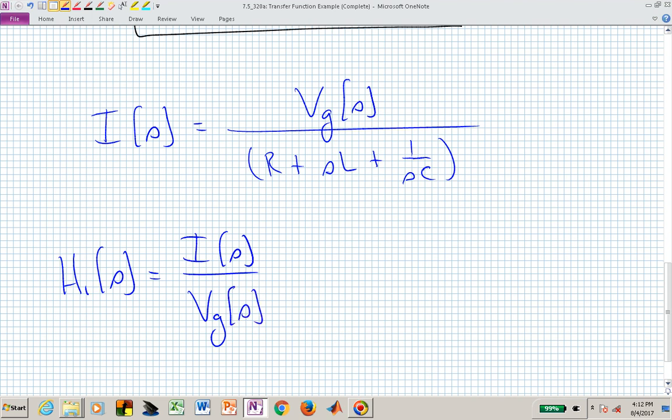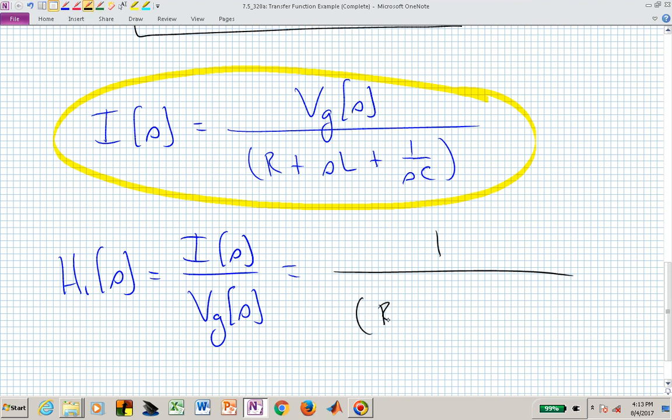There are all sorts of ways to find this. We could simply take this expression, this equation, and divide both sides by capital V sub G of S, and we end up with I over V sub G equaling 1 over R plus SL plus 1 over SC.